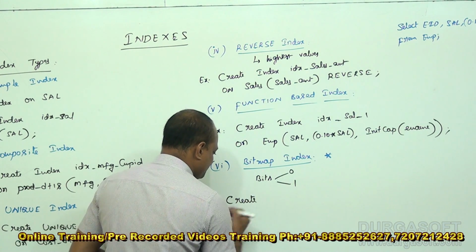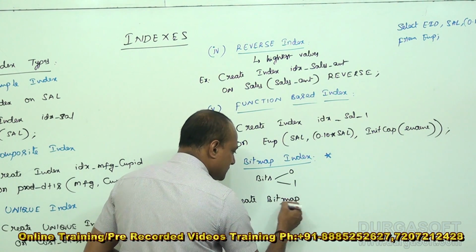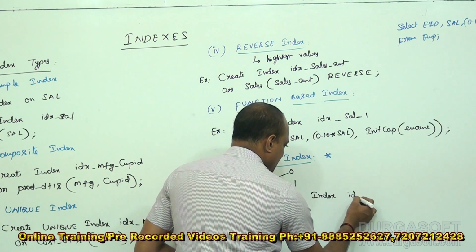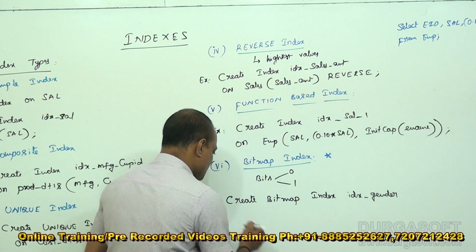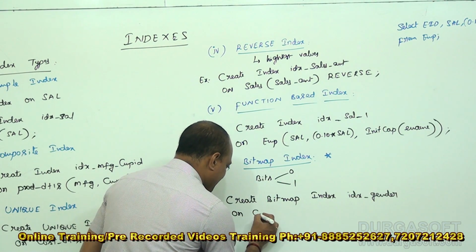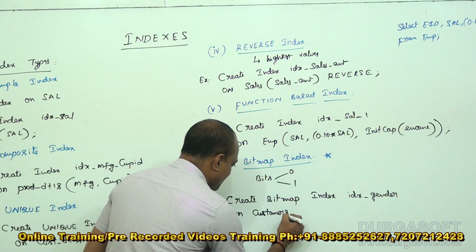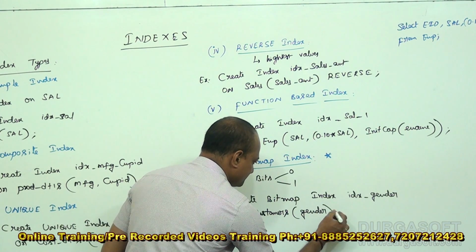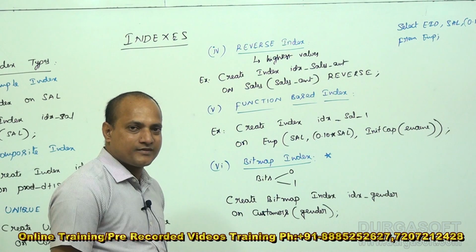Create bitmap, it's a single word, index, and idx underscore gender on, what is the table name? Customers table. In the customers table, what is the column name? Gender column. This is called a bitmap index.